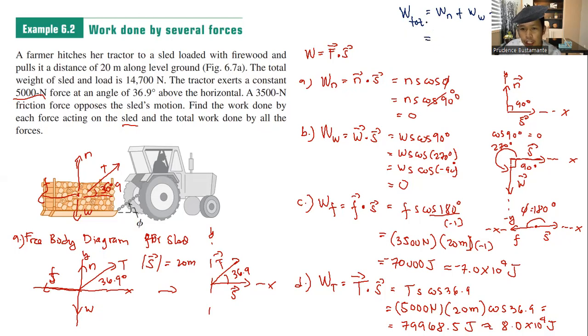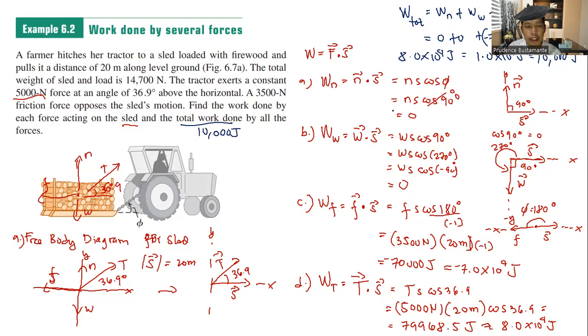So here we have 0 plus 0 plus -7.0 times 10 to the 4 joules plus 8.0 times 10 to the 4 joules. So we have positive 1.0 times 10 to the 4 joules, or around 10,000 joules. So that's the final answer. The total work is 10,000 joules.